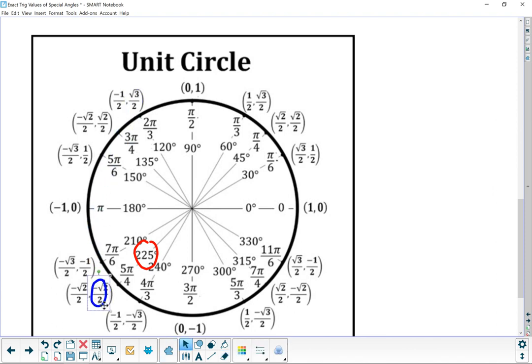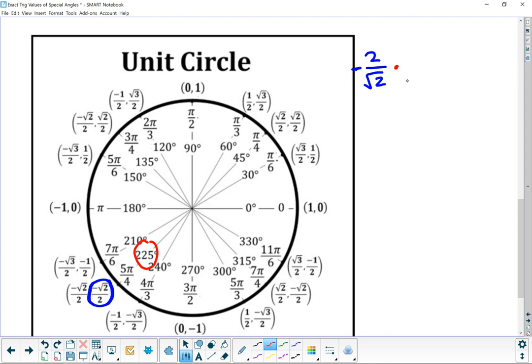So there's a sine, which is negative radical 2 over 2, and the cosecant is based off of that, which is the reciprocal. So the reciprocal of negative radical 2 over 2 is going to be 2 over radical 2, and it's a negative, right? So that's technically, like I said in class, this is the answer. It is just not the preferred answer.